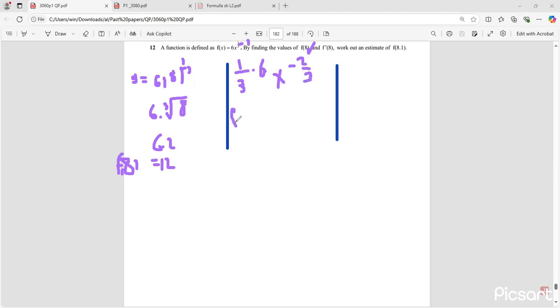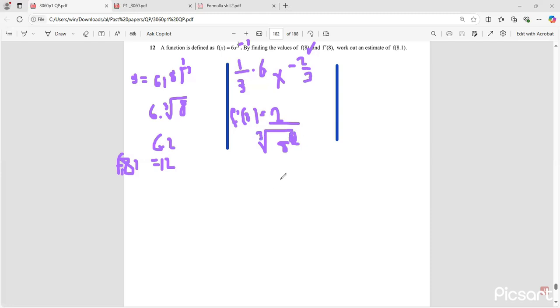So f dash 8 equals 6 divided by 3, which is 2 over, and x is equal to 8, so we have the cubic root of 8 squared.